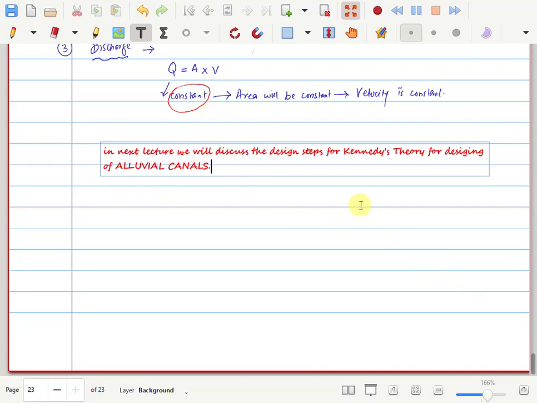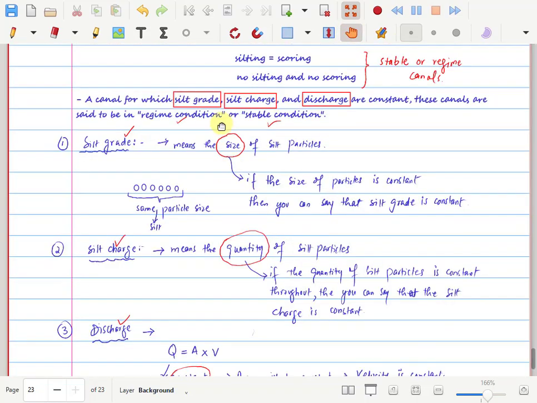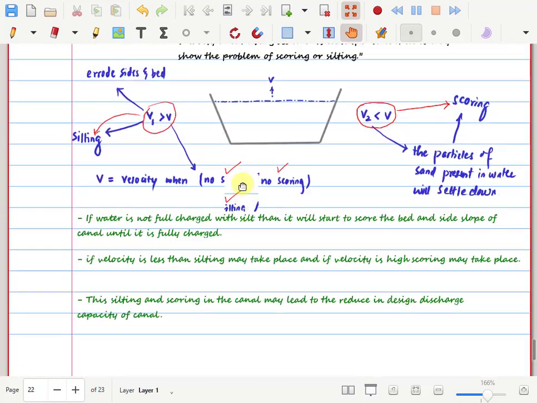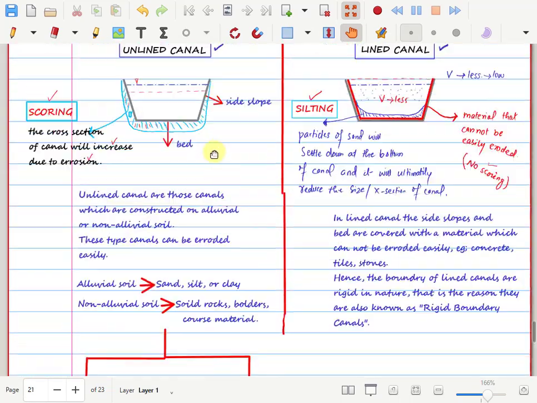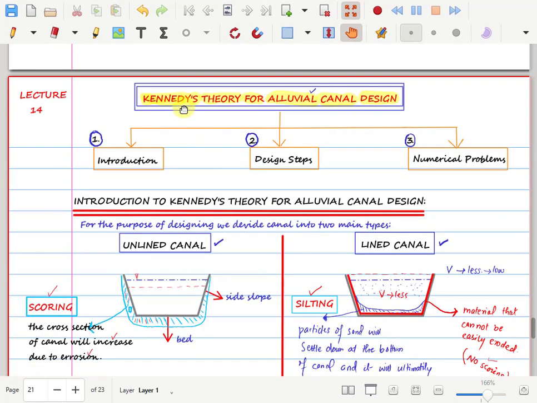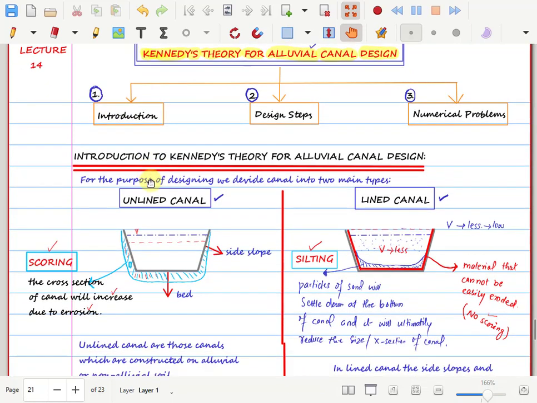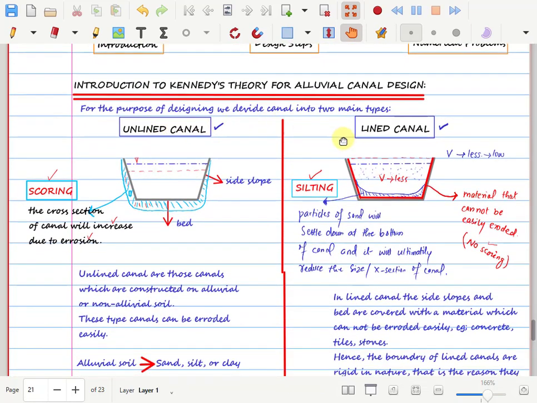We have discussed very important points. Let's try to revise them in 1 or 2 minutes so that things will become easier. So our basic topic is Kennedy's theory for alluvial canal design, right? So in first part we just introduced the designing phase of alluvial canals, where we have discussed unlined and lined canals, what is the difference between unlined and lined canals, and the terms scoring and silting.